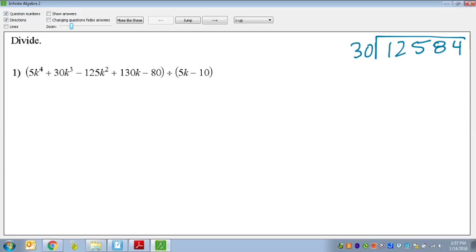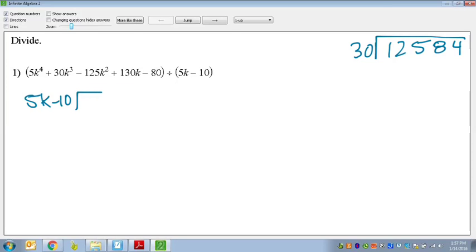All right. So in this problem, it says 5k to the fourth plus 30k cubed minus 125k squared plus 130k minus 180 divided by 5k minus 10. So first thing I'm going to do is, it's easier if you write it in its more common divisional form, like what I wrote in blue off to the top right. So let's go ahead and write it like this. 5k minus 10 goes on the outside.